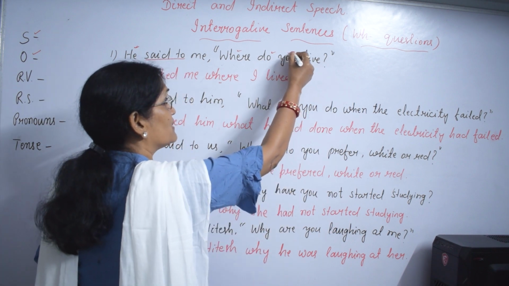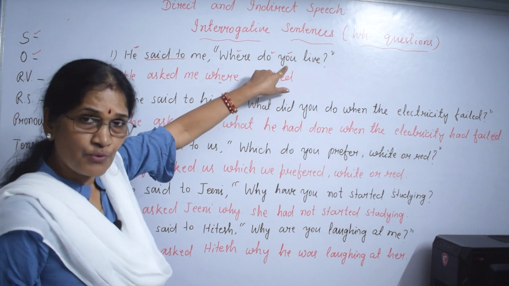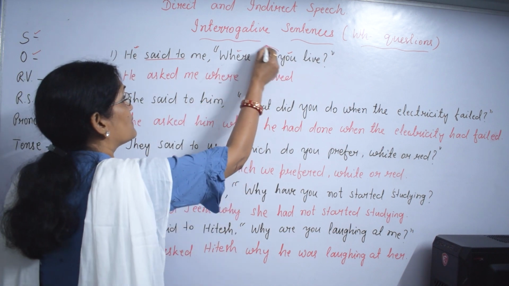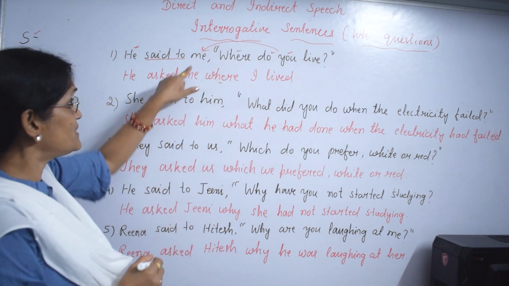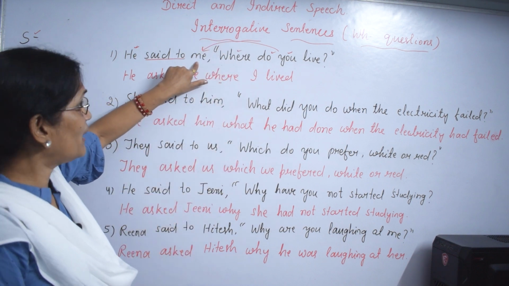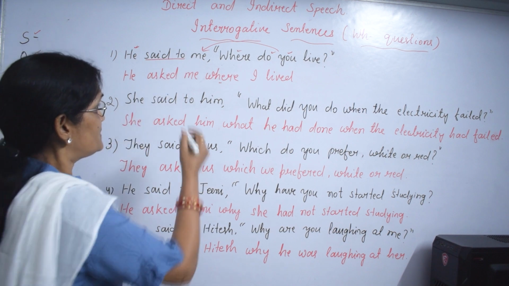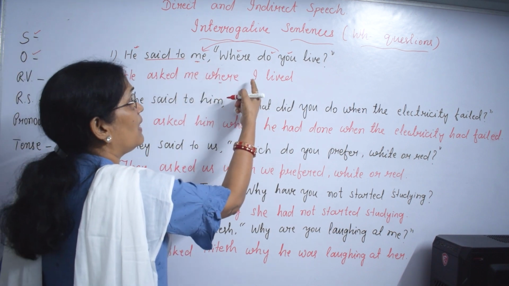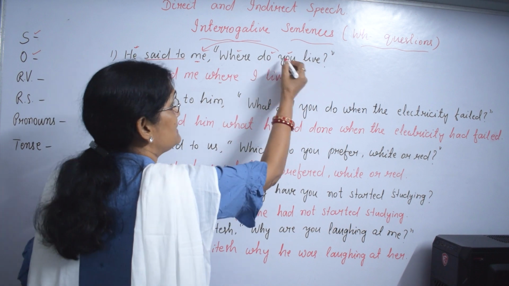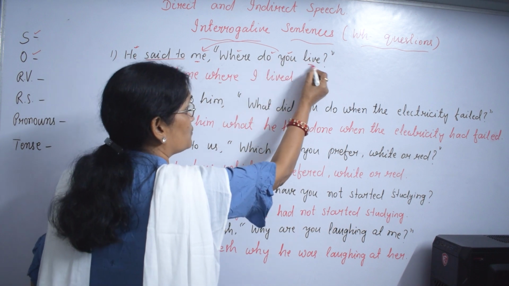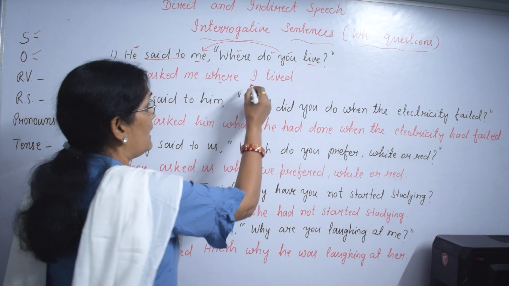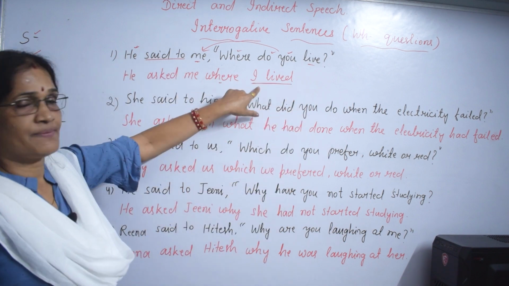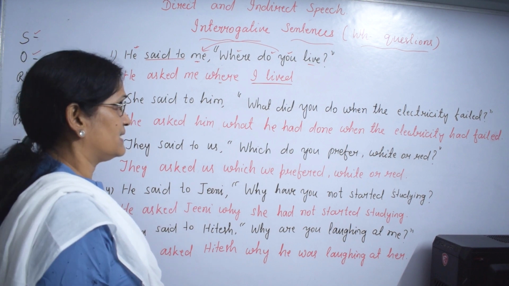You is a pronoun here. As it is a second person pronoun, it will be changed as per the object. The object is first person. So what is the subjective form of me? That will be I. And as it is simple present, that will become simple past. I lived. This is one declarative, assertive sentence.